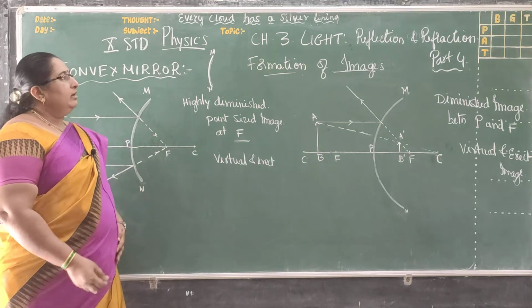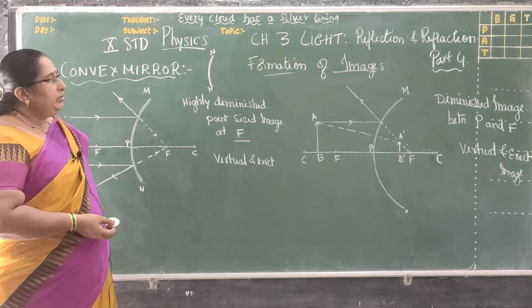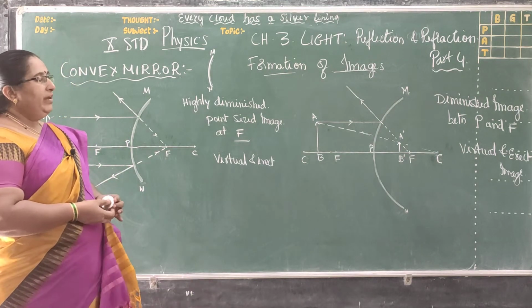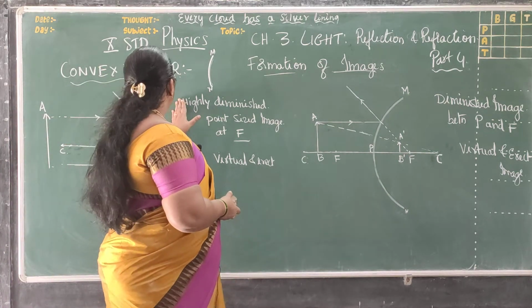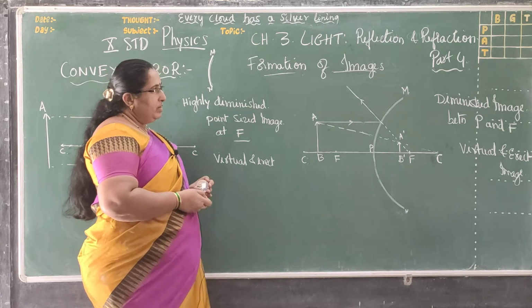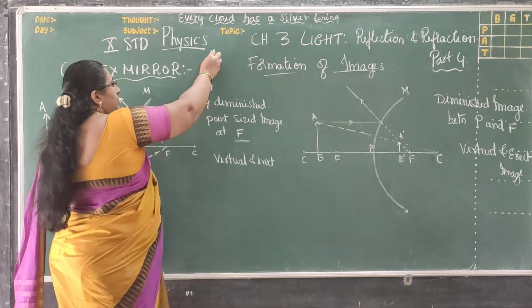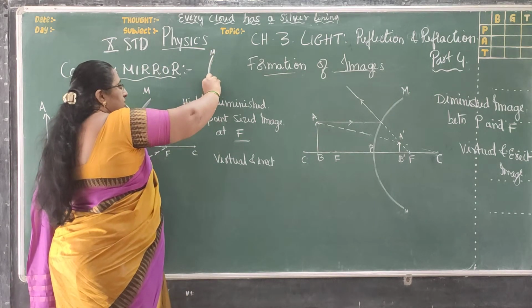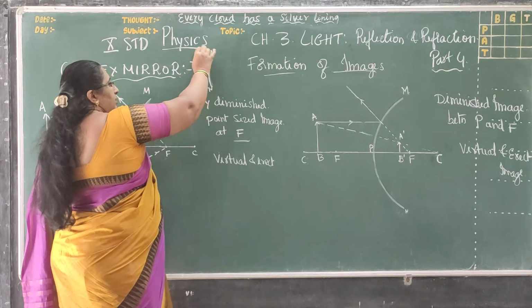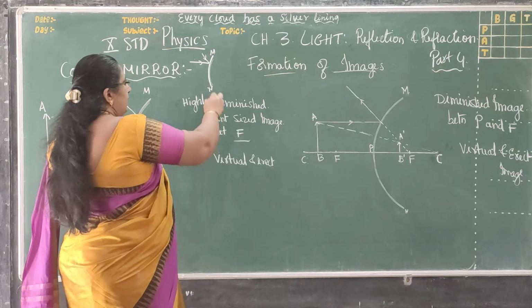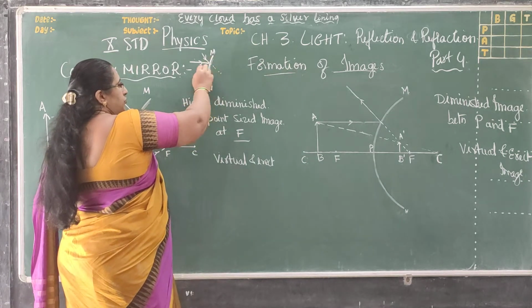We will study today the part 4th video wherein we are going to discuss the formation of images in a convex mirror. A convex mirror is bulged outwards. The reflecting surface is bulged outwards, wherein the light gets reflected and it appears as if it is coming from the focus.